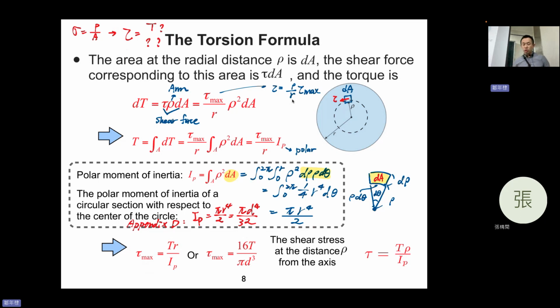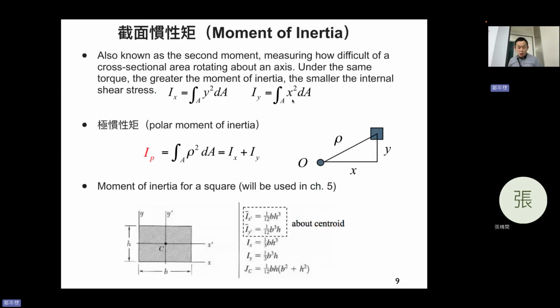So that is the relationship between tau and T, the torsion formula. Okay, now I am going to give you more information about moment of inertia. Moment of inertia is actually how difficult it is for the shape to rotate about a certain axis.